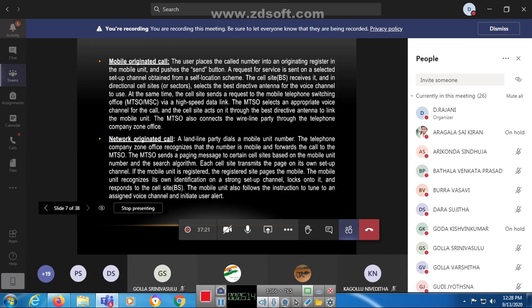Another one is the mobile originated call. First, the mobile unit is registered, where the user is either a transmitter user or a receiver user. When it registers, it sends to the station, and only then are the signals controlled. Same example: 401 is the transmitter and 402 is the receiver channel.